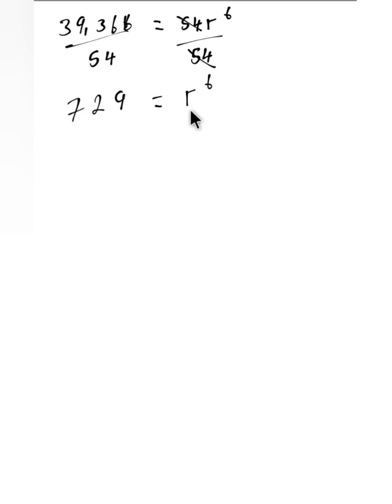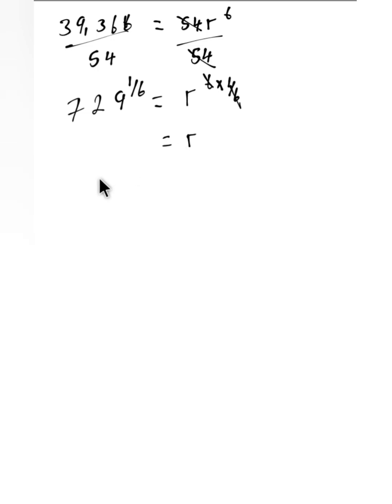Now, to get r, we need to raise both sides to the power of 1 over 6. So if I raise this part to 1 over 6, this 1 over 6 will eliminate the 6. So the same with this side, raised to the power of 1 over 6. Hence, 1 over 6 will cancel 6 here.